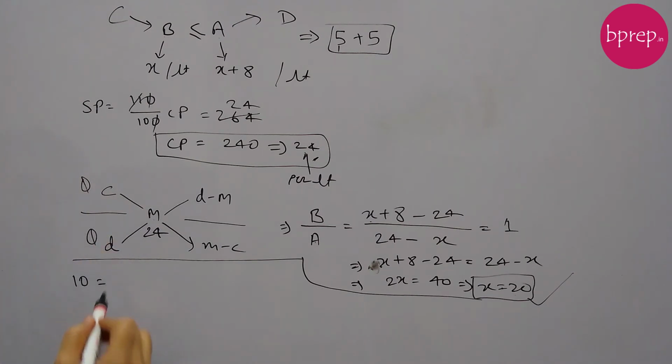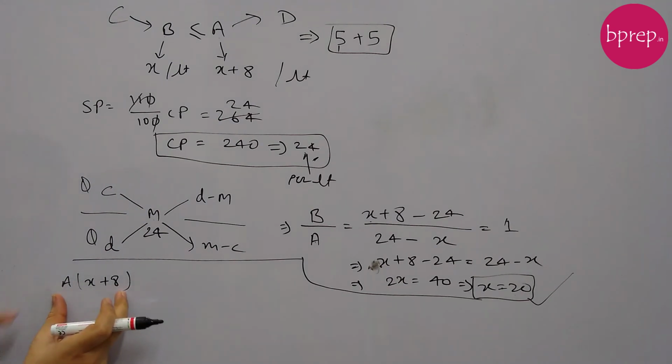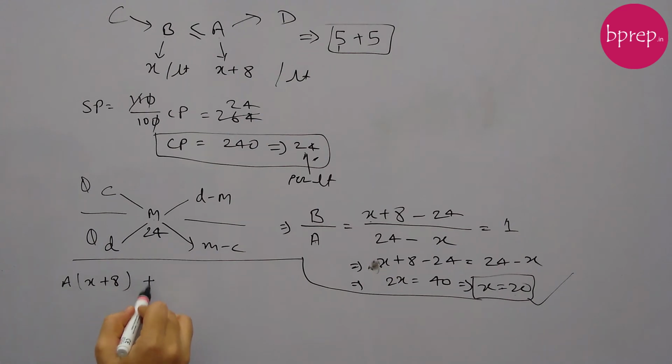So 10 is equal to the volume of A and the volume of B. The volume of A and the price per liter of A is x plus 8. So volume into price is total price of A plus volume of B into price of B.